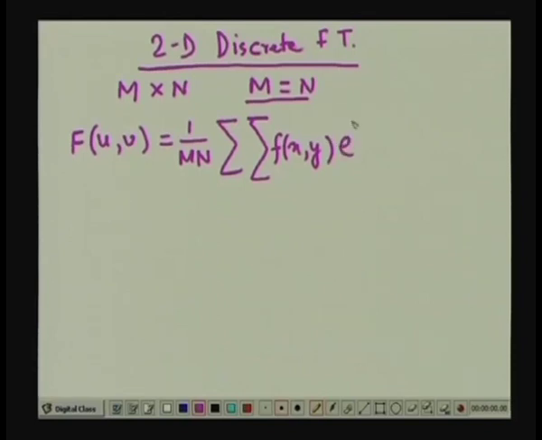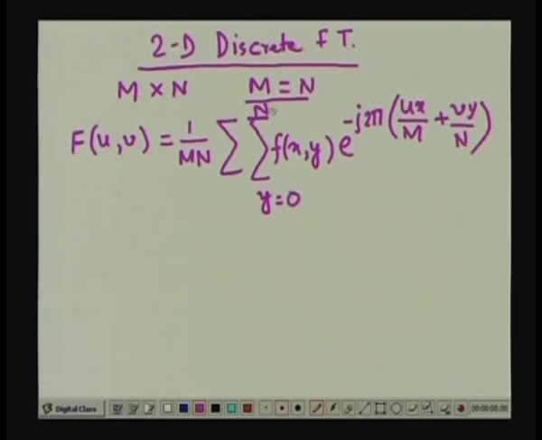The expression remains almost the same, e to the power minus j 2 pi (u x by capital M plus v y by capital N), and now the summation will be for y equal to 0 to capital N minus 1, and x equal to 0 to capital M minus 1, because our images are of size M by N.